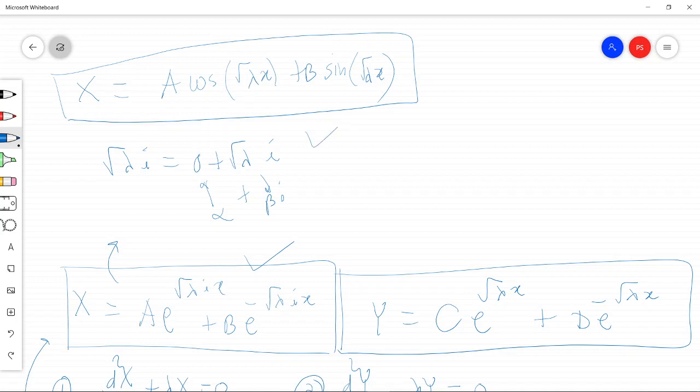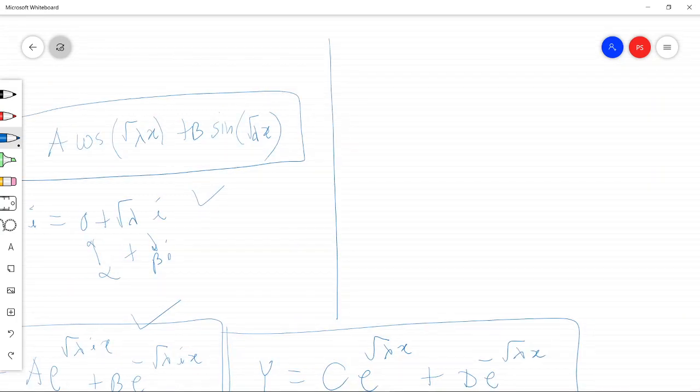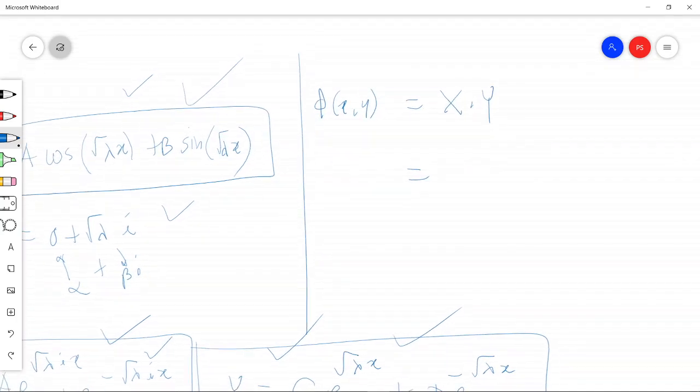Now we have to have with us the final form for phi. Since phi of x, y was capital X into capital Y, we have to include either these two equations or these two equations together, and we have to multiply them to write an expression for phi. Let us choose this trigonometric form because it is much more familiar.